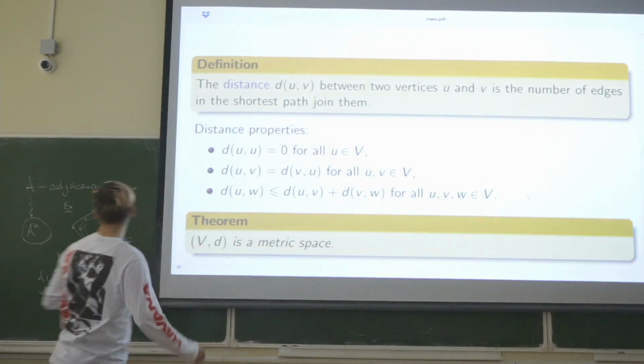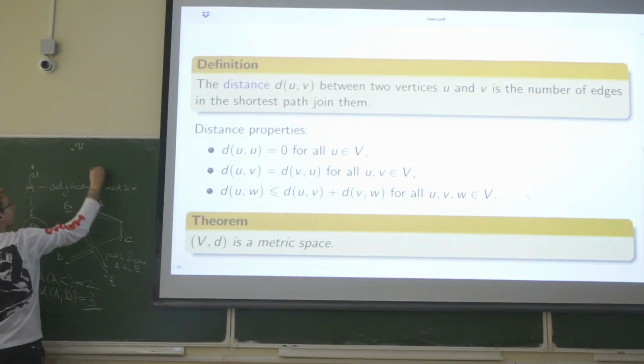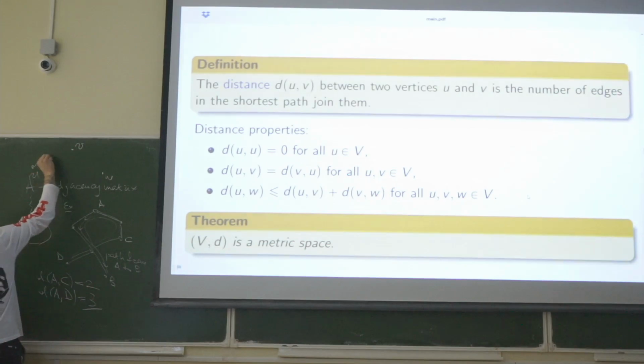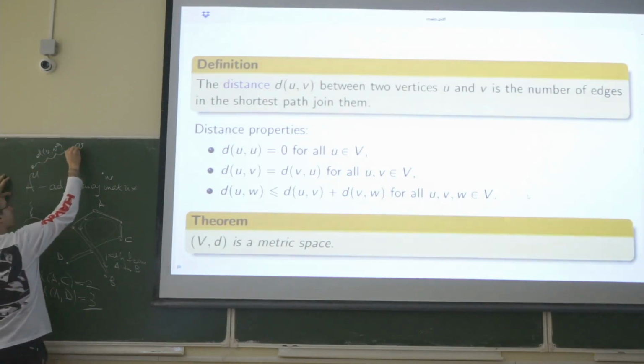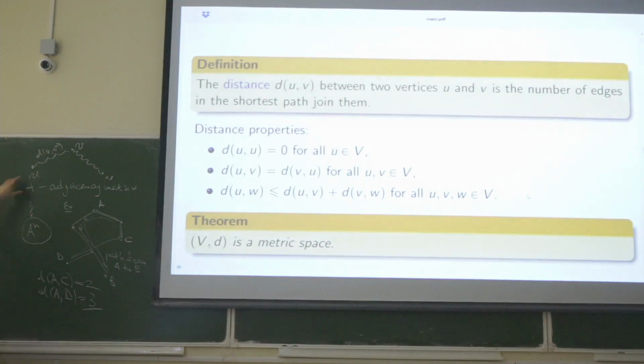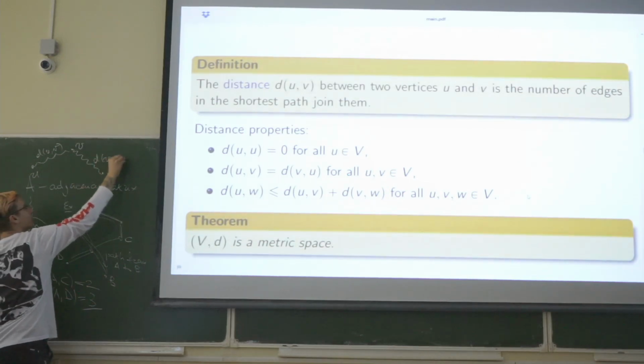And the third? Understand? Because we have a path from U to V that has length equal to distance between U and V, yeah? And we have a path from V to W that has length equal to distance between V and W, yeah?